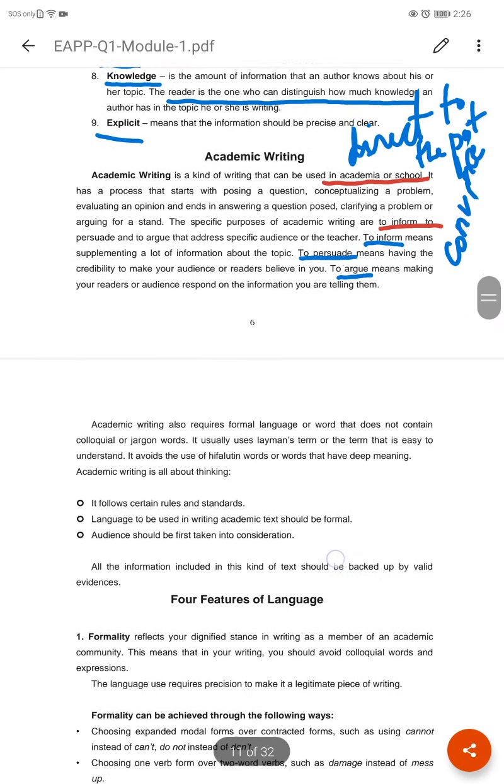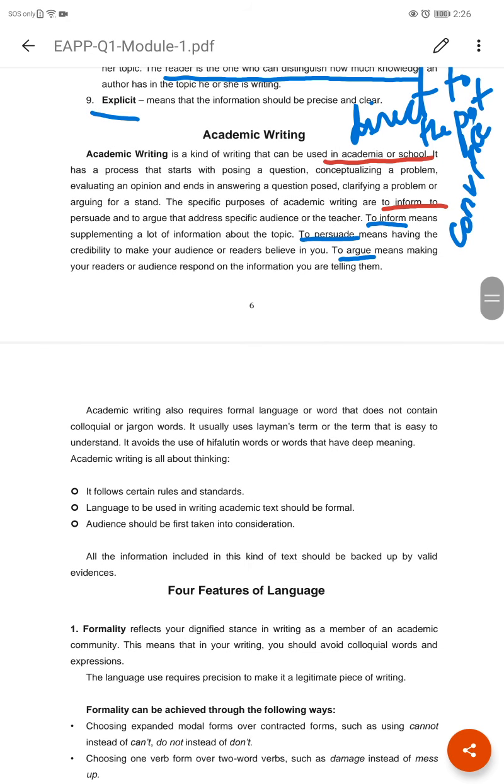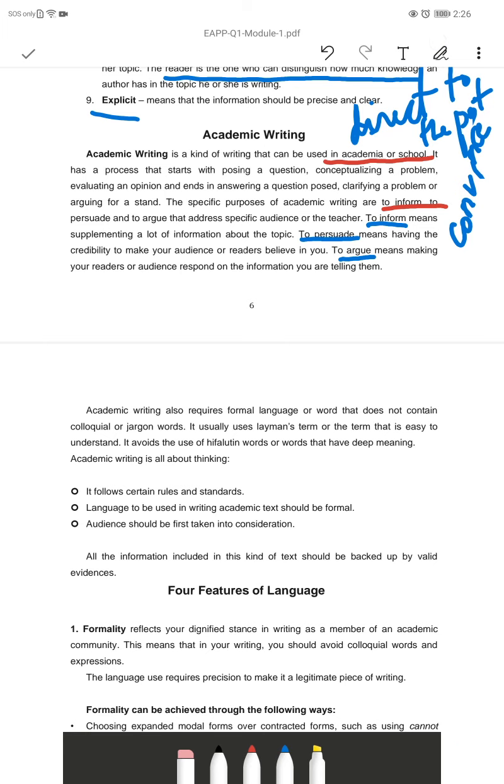Now, academic writing also requires formal language, or a word that does not contain colloquial or jargons. Okay? Jargon words. Many people, when they are trying to write essays or any academic text, they tend to use a lot of words which are difficult to understand to sound intelligent.